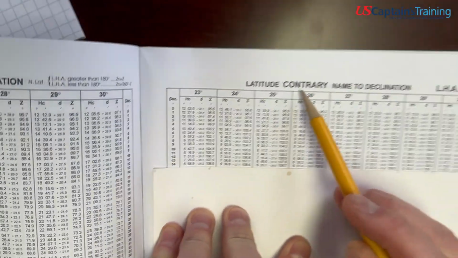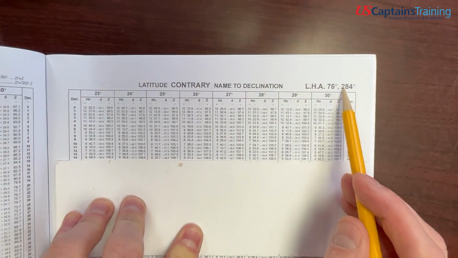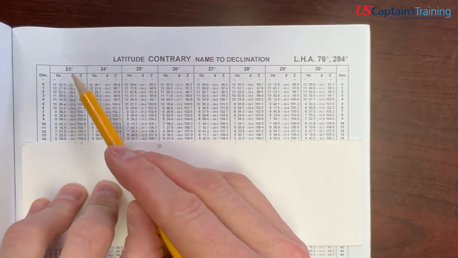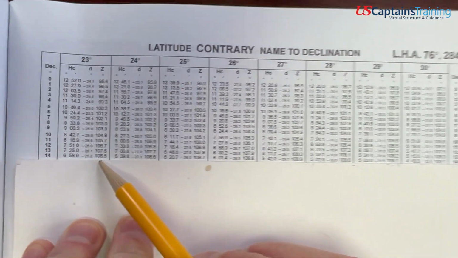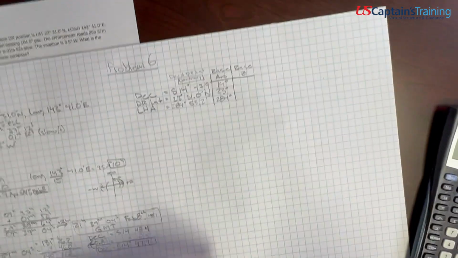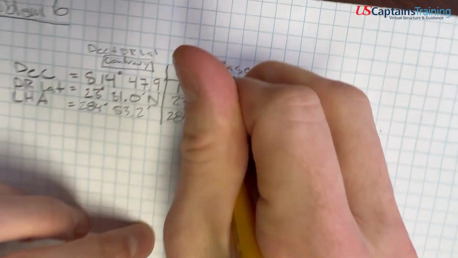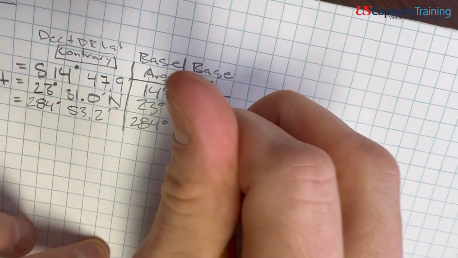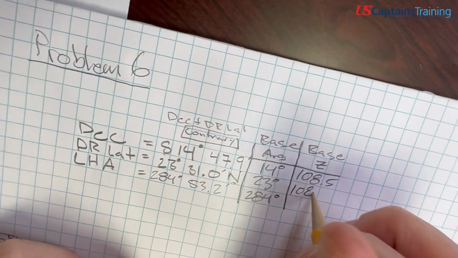And just to double check, contrary, 284, 23, 14. 108.5 right there. 108.5 is our base, and it goes in all three of these.